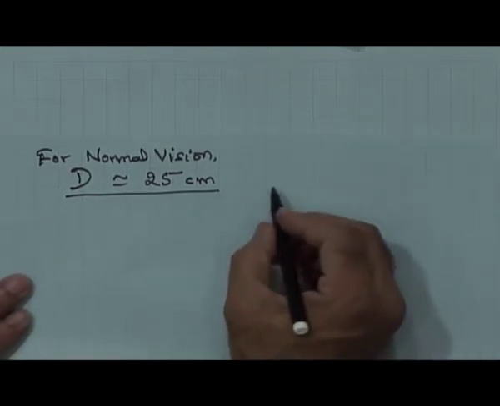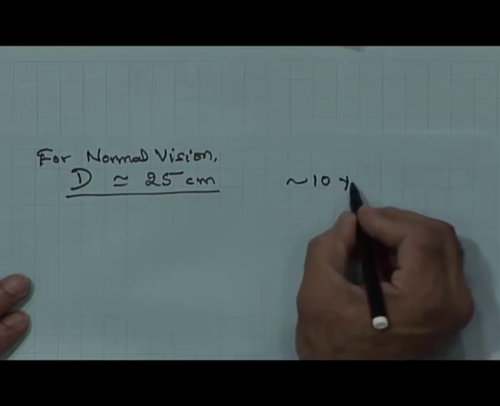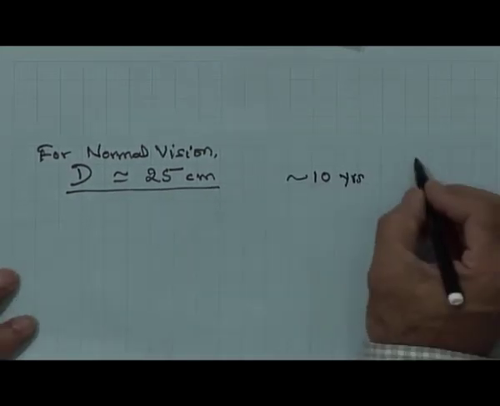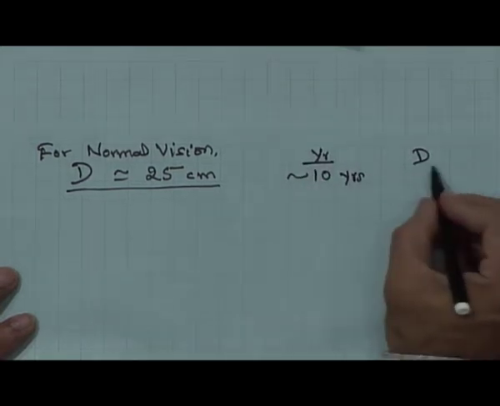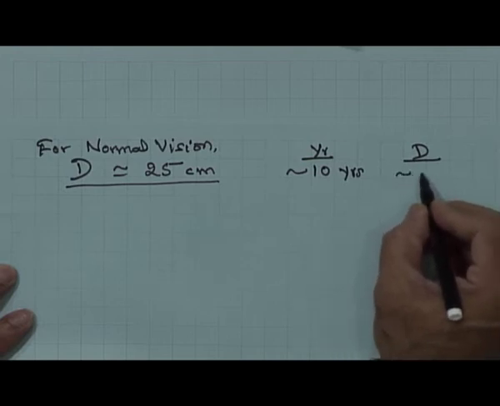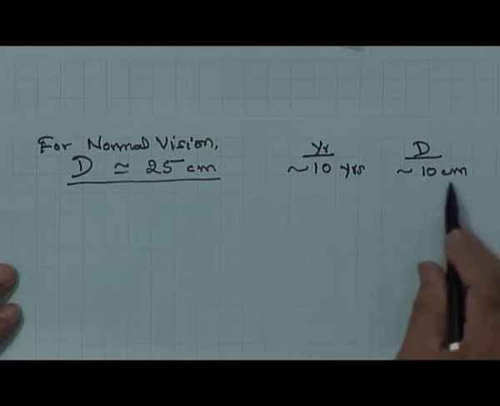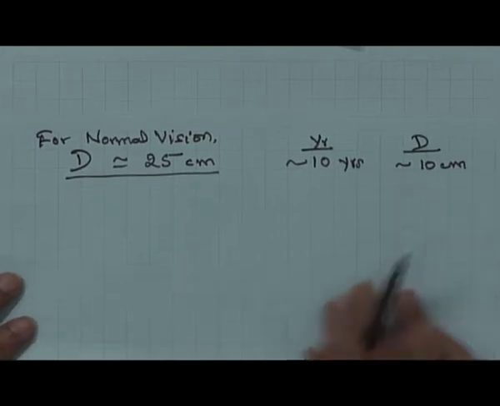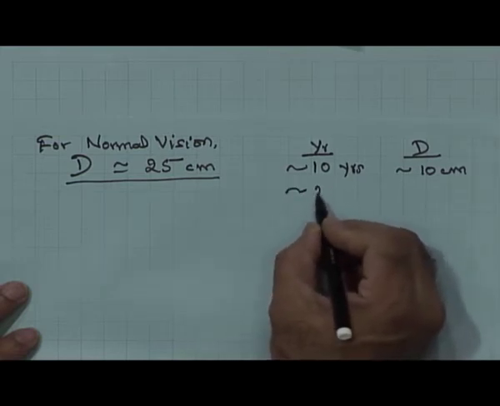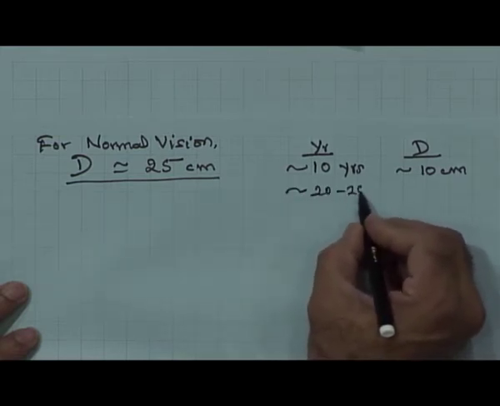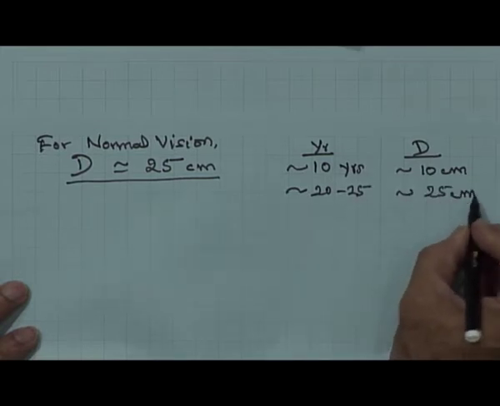For example, for children around 10 years of age, D is approximately 10 centimeters. I am just giving some typical numbers for age and D. Objects as close as 10 centimeters will also be seen very clearly by young children. But for those in the range of 20 to 25 years, these are approximate ranges, D is approximately 25 centimeters.